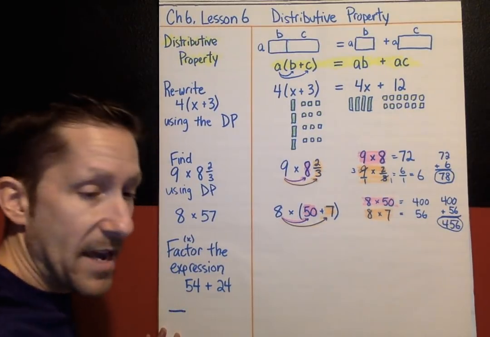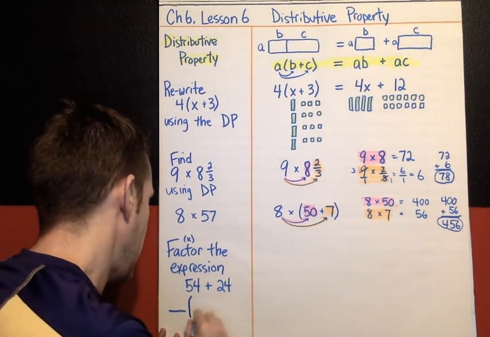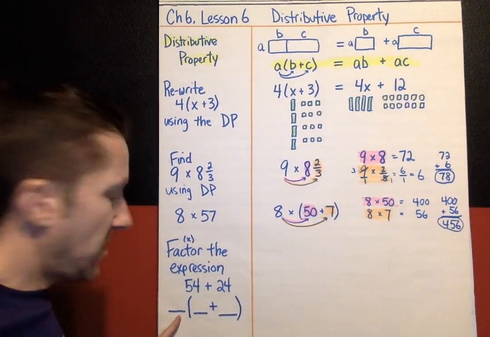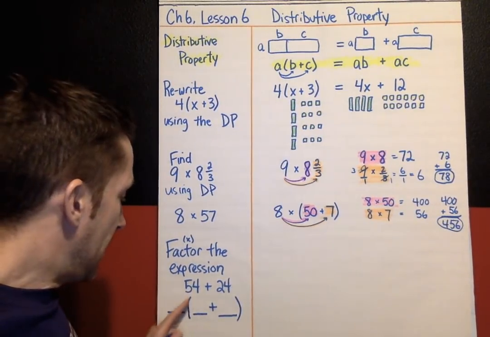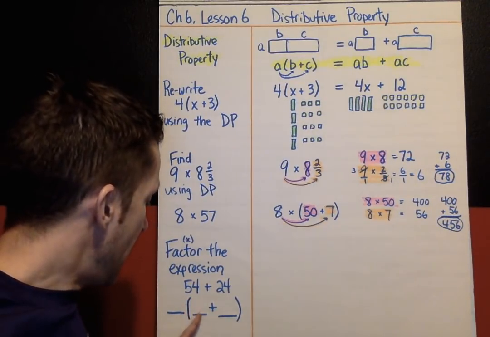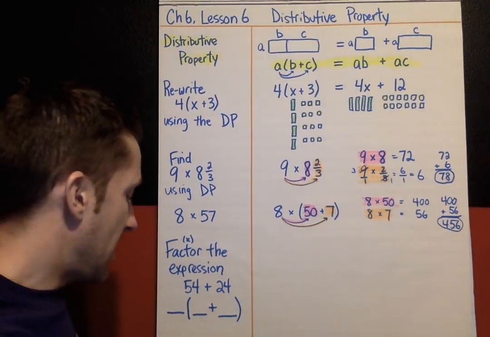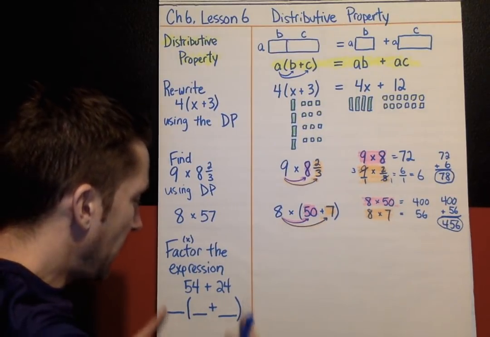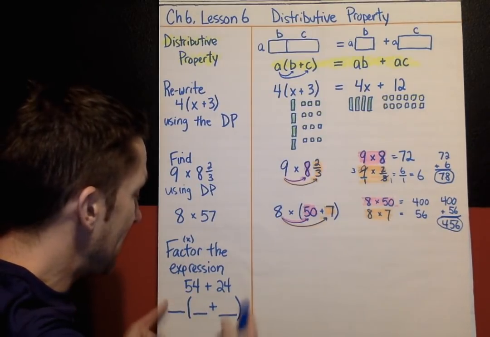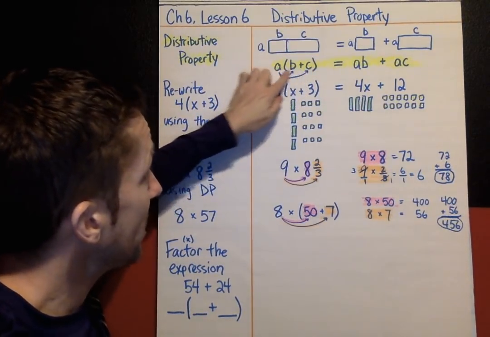I'm just going to put blanks because I don't know what they are yet. Some number out here, right next to a parenthesis, which means they're being multiplied, and then a sum on the inside.